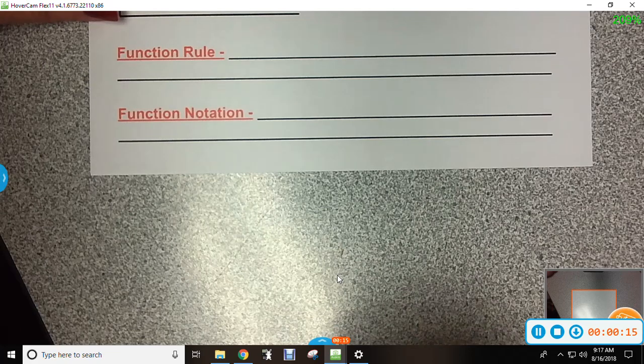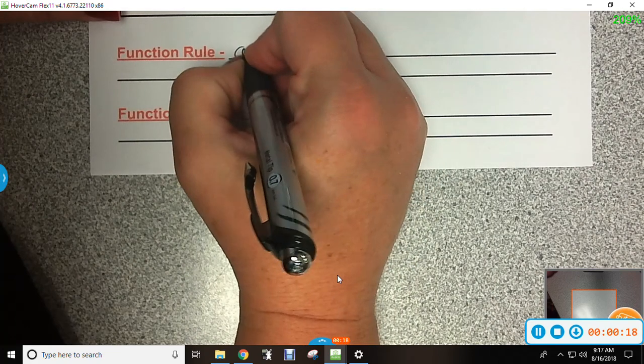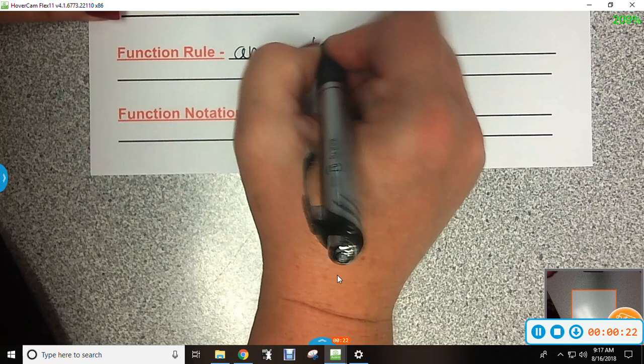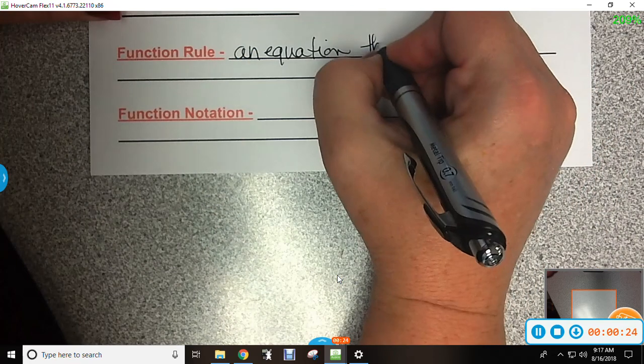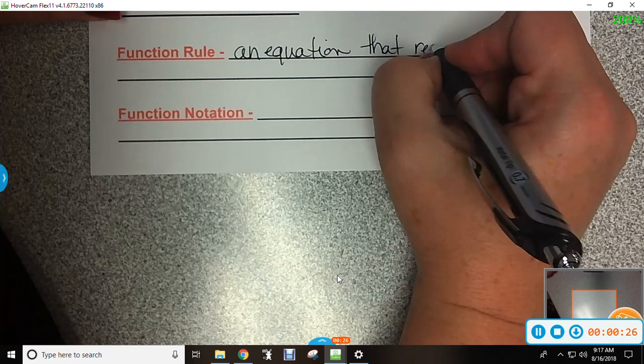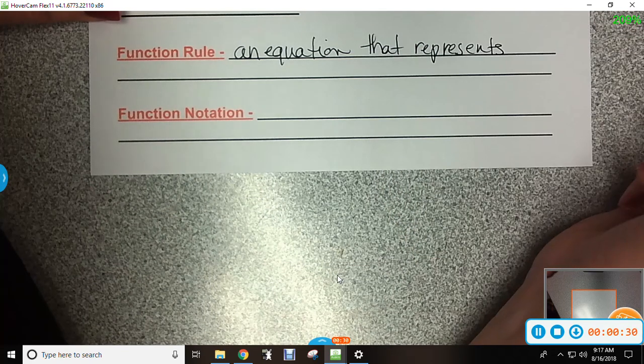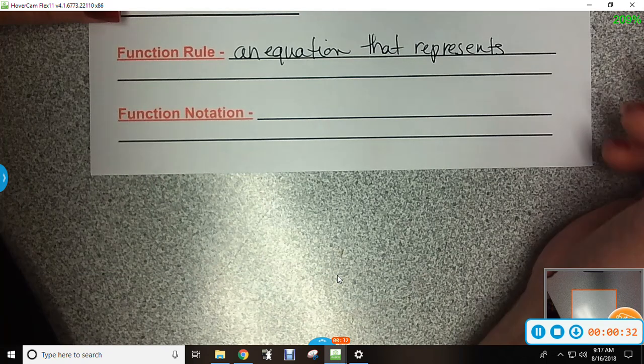A function rule is an equation that represents an output in terms of an input.